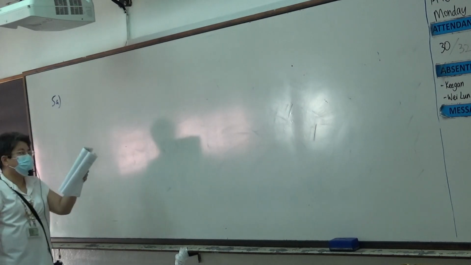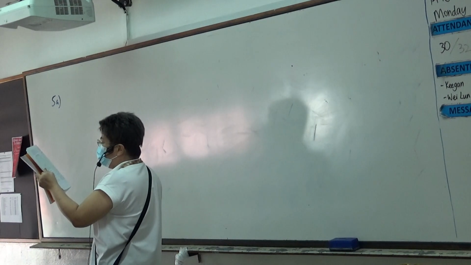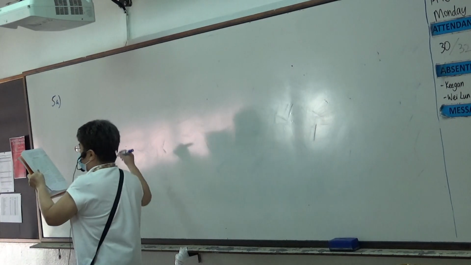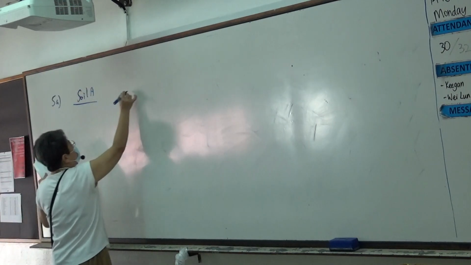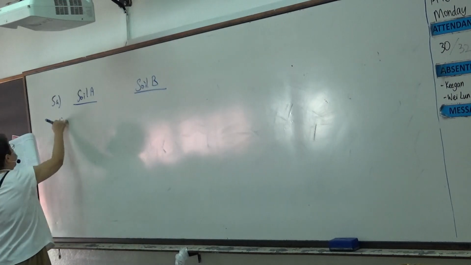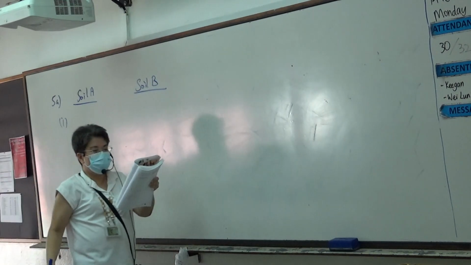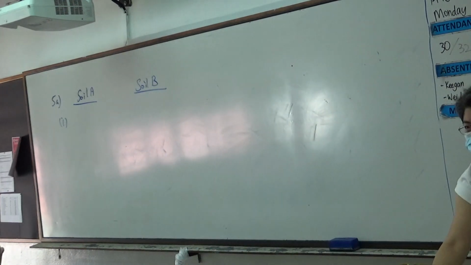For soil A and soil B, use the graphs to estimate the number of earthworms having lengths less than or equal to 46 mm. Can you do it like that so that you're not confused? Part 1. How many earthworms have length less than 46 mm for soil A? All of you read now.